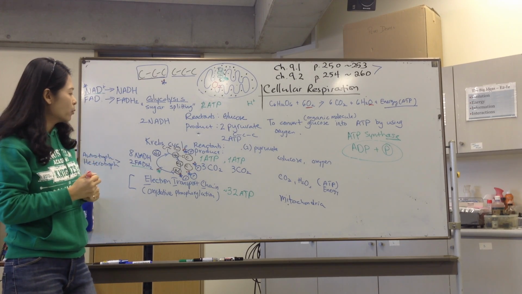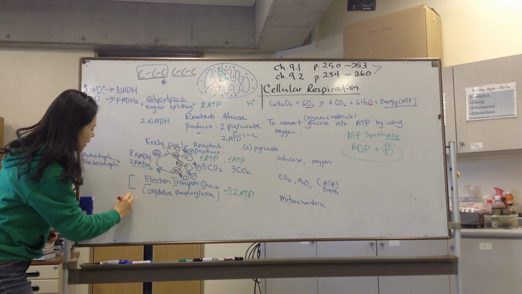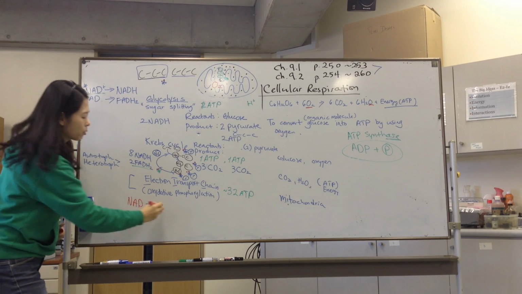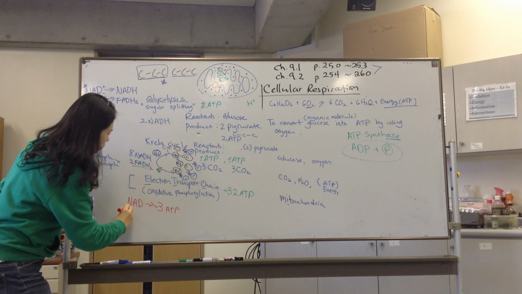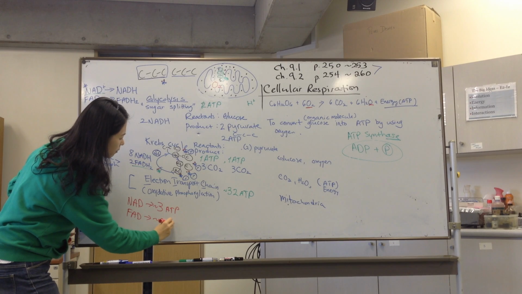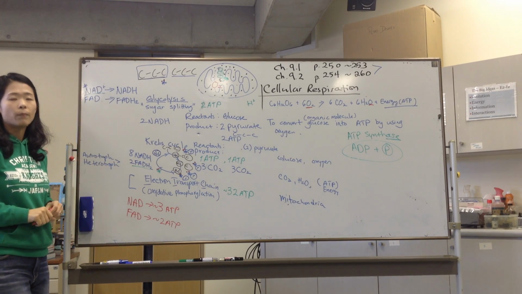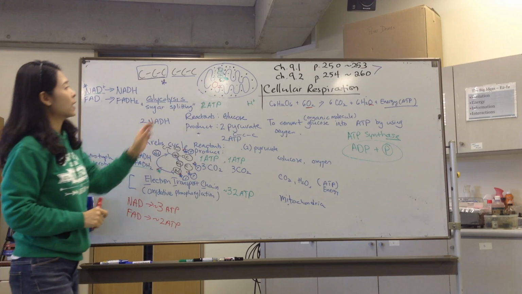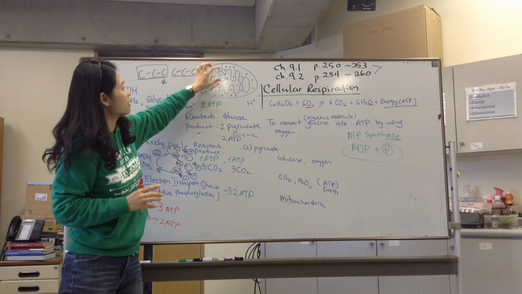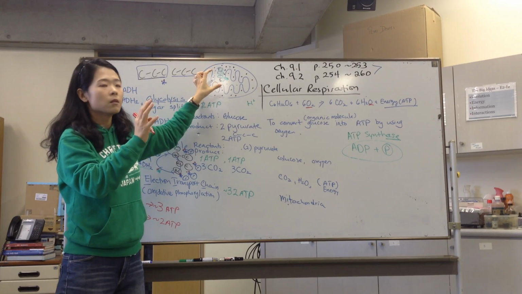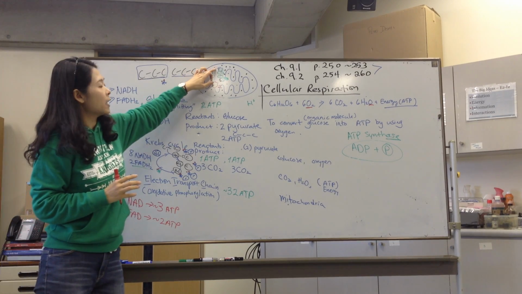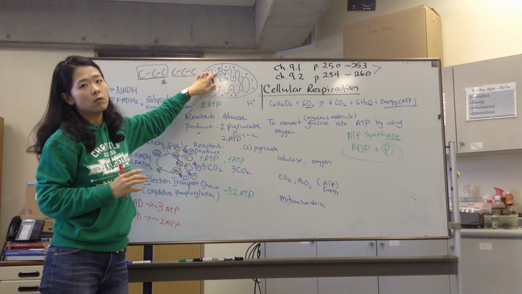By ratio, one NAD is worth about 3 ATP, and one FAD is worth about 2 ATP. That's because the amount of protons that the system pumps is a little bit more with NAD than FAD, right?